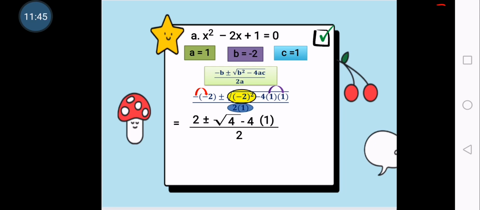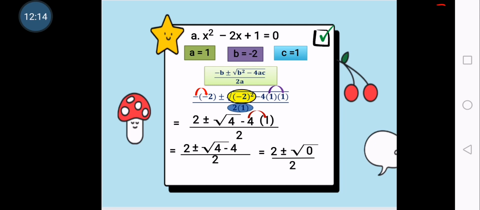So, ayun, di ba? Continue. 2 plus minus, radical ulit tayo. So, 4 times 1, minus 4 over 2. Okay? Simplify ulit natin. 2 plus minus, so 4 minus 4. So, it is square root of 0 over 2.